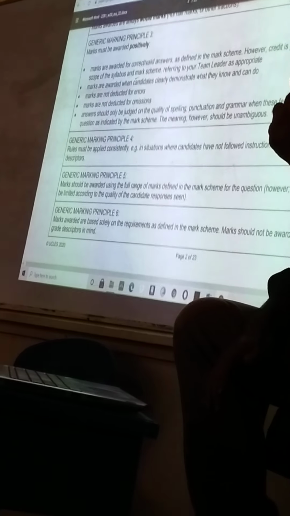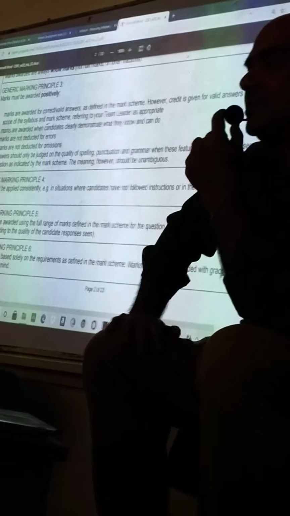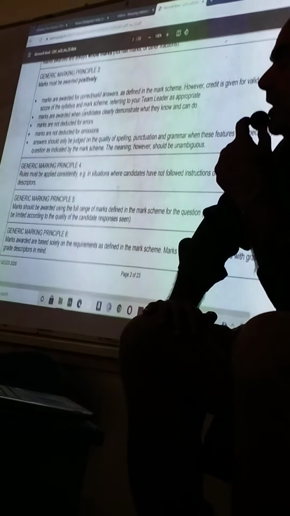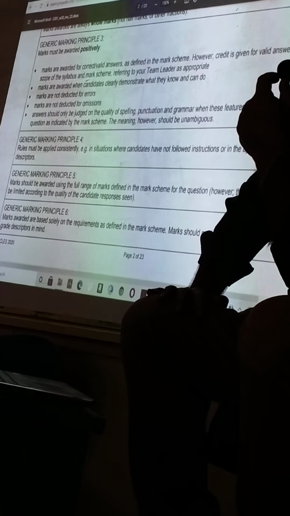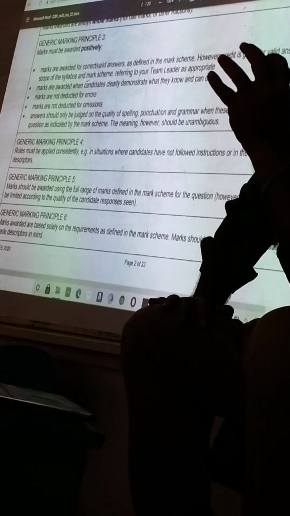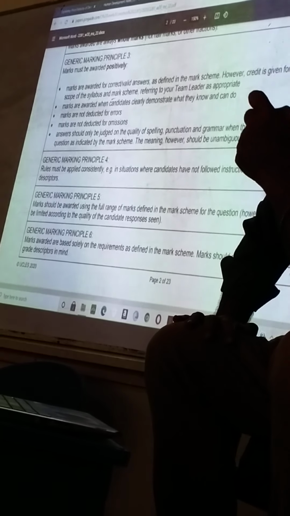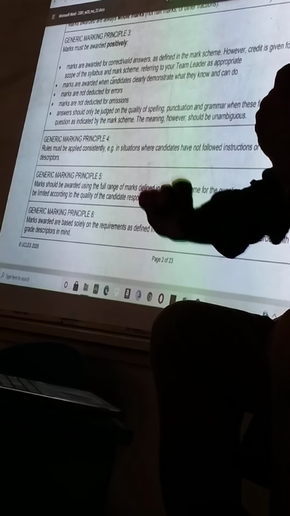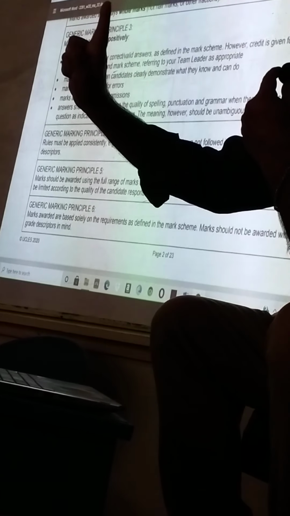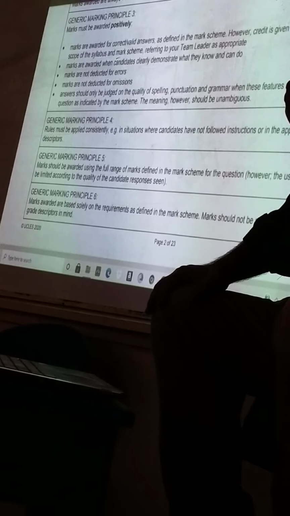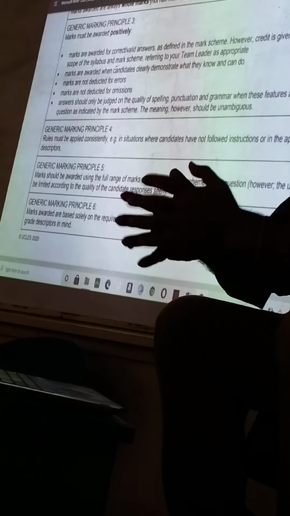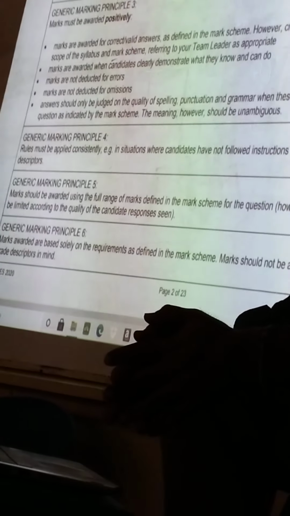If you write a point as an advantage, then you cannot write the same point as a disadvantage. That will create a contradiction. So out of those 2 points, the examiner will give you 1 mark, because the other is the contradictory statement. So it will not be taken as a different point.